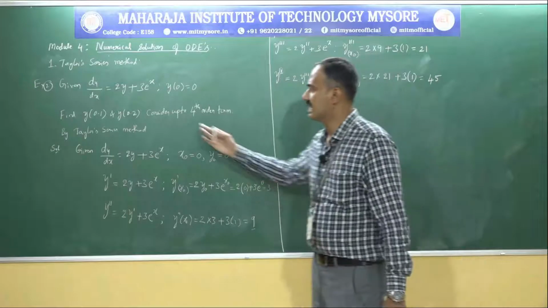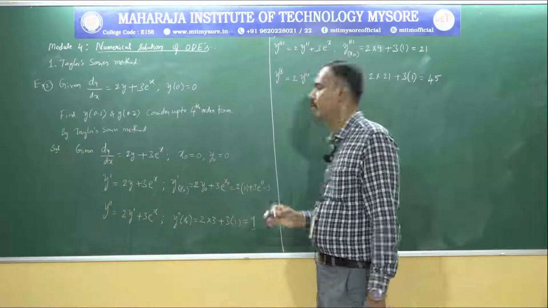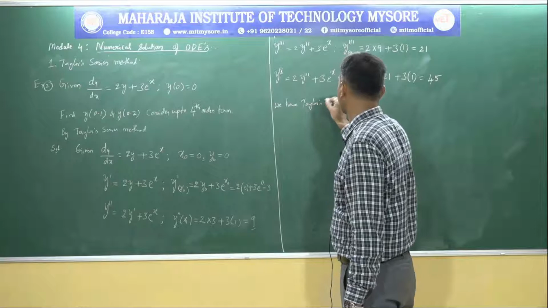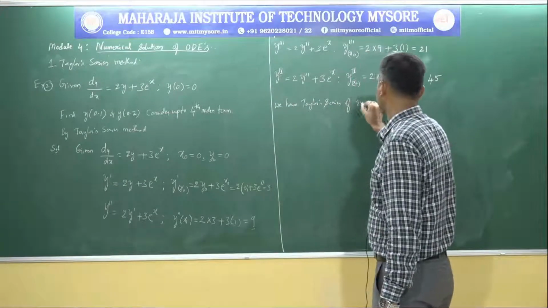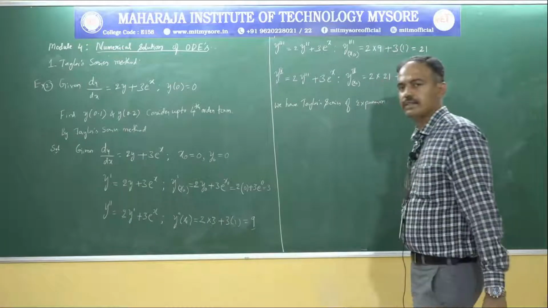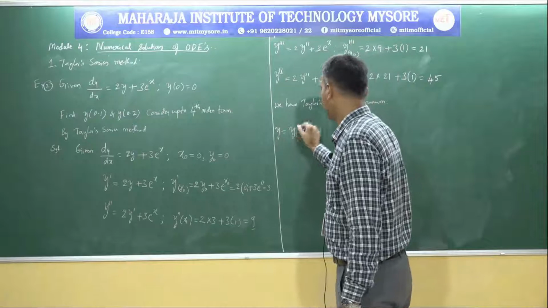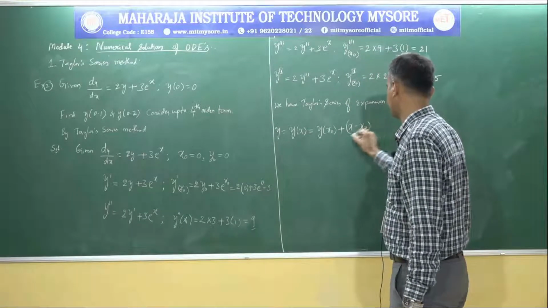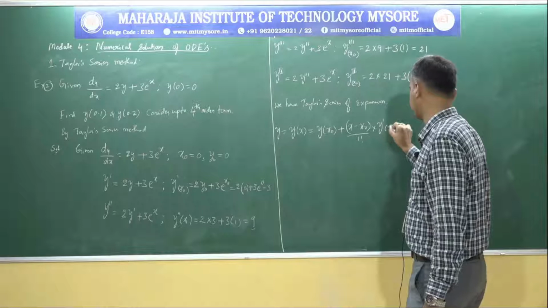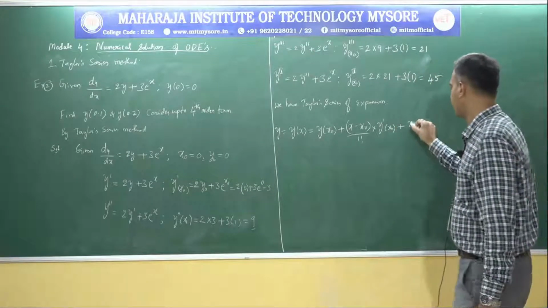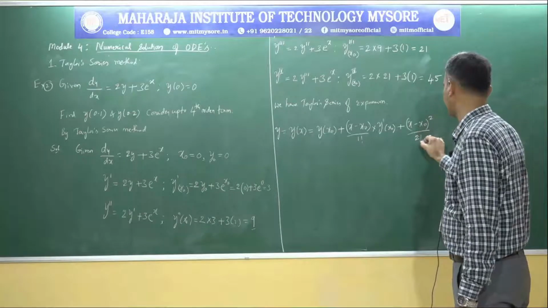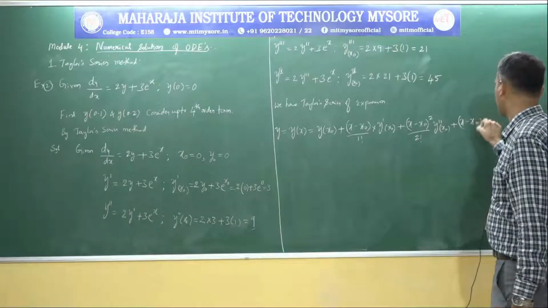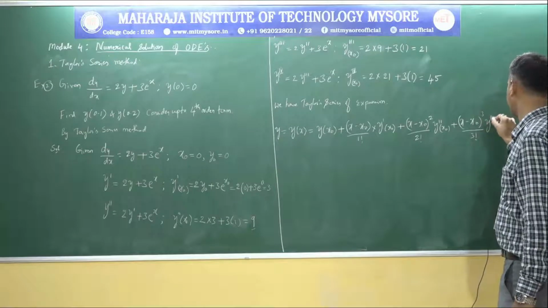Now, in the question we consider up to the 4th order term, so we use the Taylor series expansion. y is equal to y of x naught plus (x minus x naught) by 1 factorial into y dash of x naught, plus (x minus x naught) whole square by 2 factorial y double dash of x naught, plus (x minus x naught) whole cube by 3 factorial y triple dash of x naught.